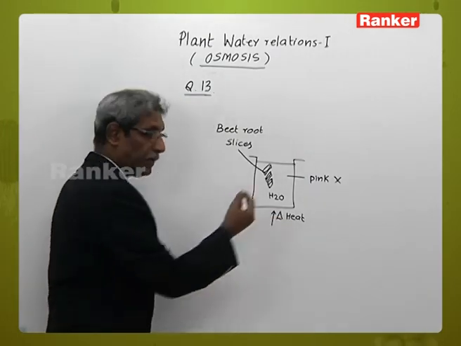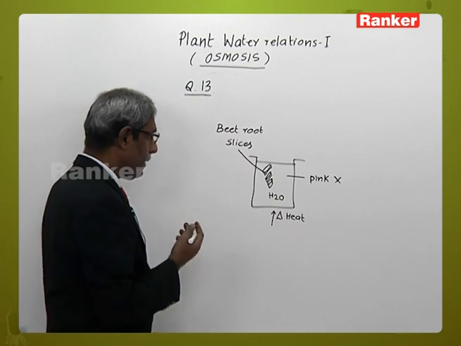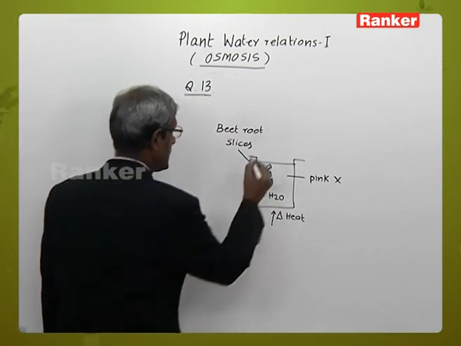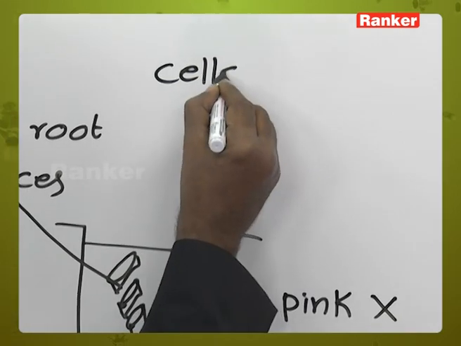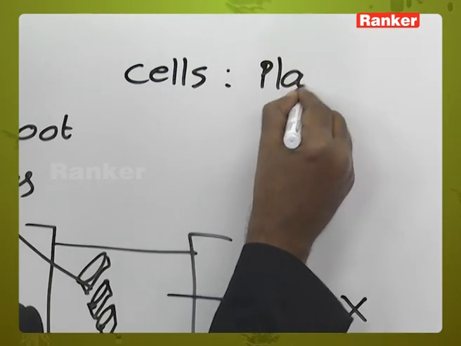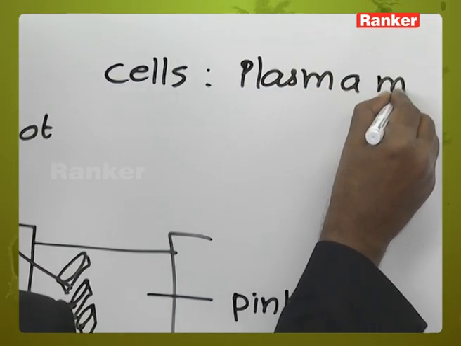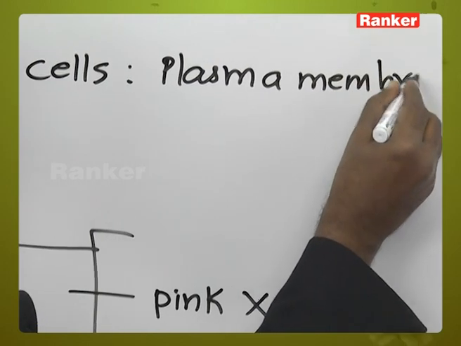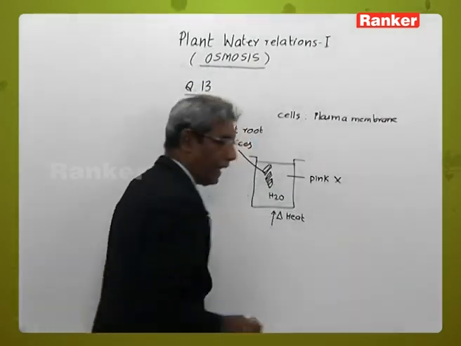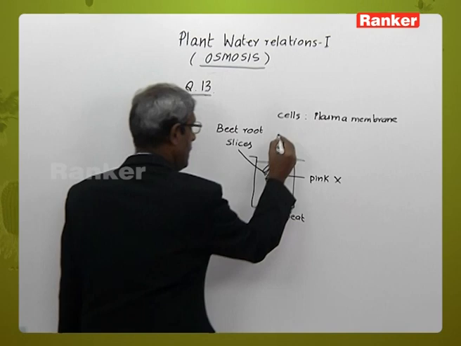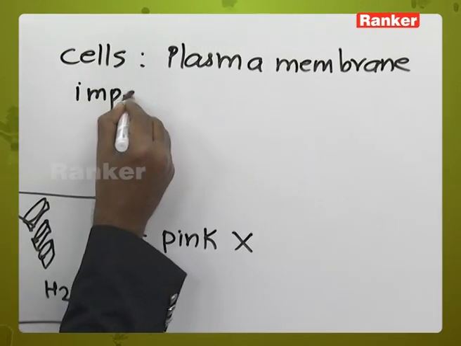The reason it does not turn pink is primarily that the beetroot cells have a plasma membrane, and the plasma membrane is impermeable to anthocyanin.